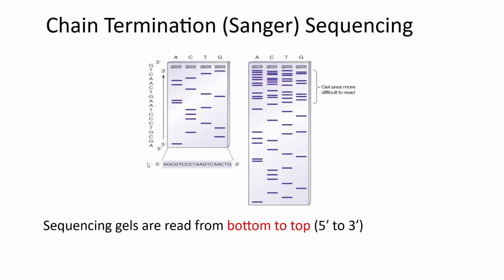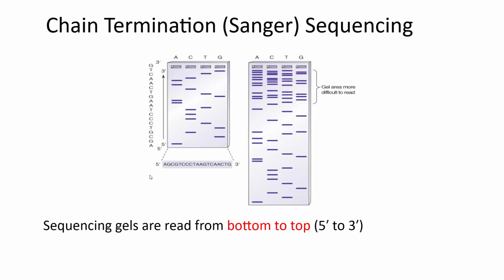The primer would bind, and after the primer bound, we would start making copies of the DNA. Now, as we're replicating the DNA strand, we are going to randomly either incorporate a regular nucleotide, or one of those dideoxynucleotides.